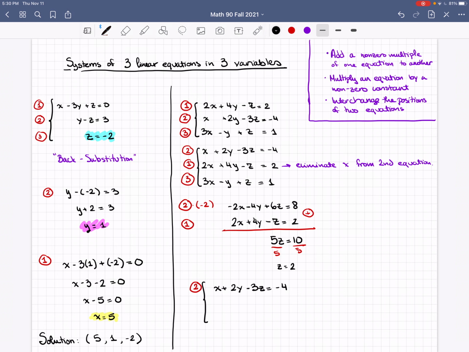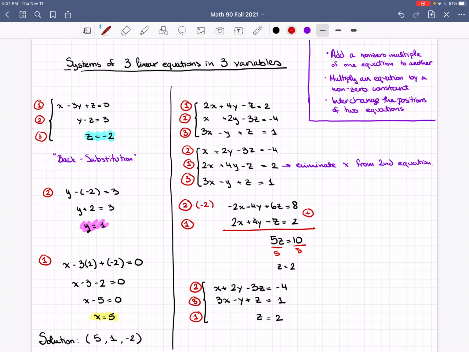Next, I'm going to write 3x minus y plus z is equal to 1. So I've moved my third equation into the second position. And finally, I'm going to write z equals 2, which is the current version of my original first equation, in the last position.